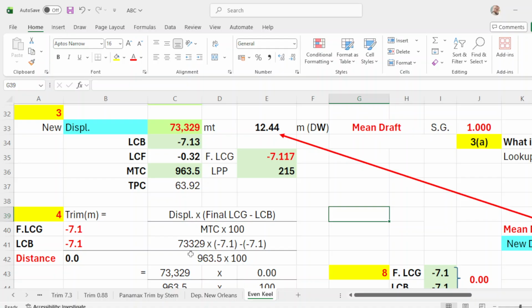So you transpose with this drop displacement of 73329 times your LCG of negative 7.117 minus your LCB of negative 7.13, and this will be 0. Okay, subtract the 0 times your displacement.